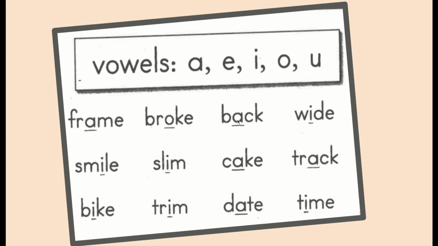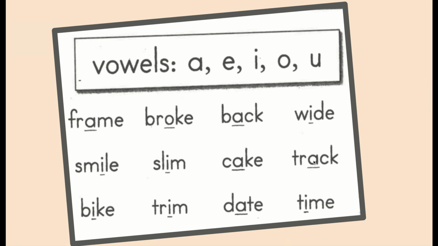No E on the end, the vowel says its sound, ack, back. E on the end, the vowel says its name, ide, wide. E on the end, the vowel says its name, smile. No E on the end, the I says its sound, slim. E on the end, the vowel says its name, ache, cake.